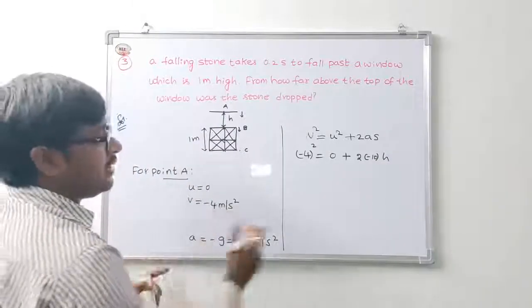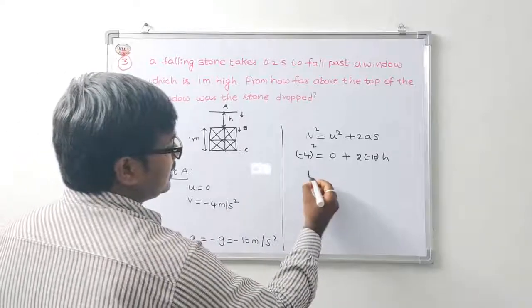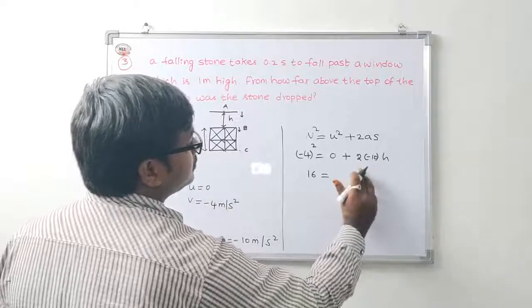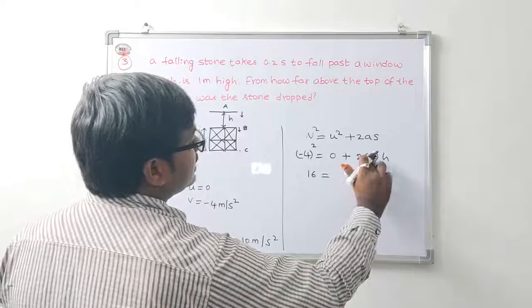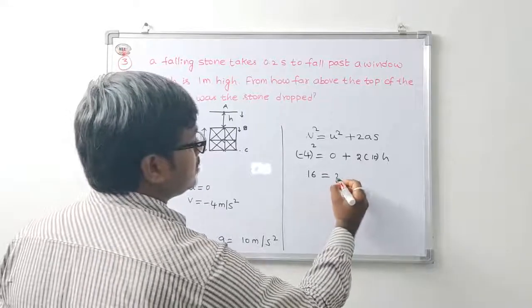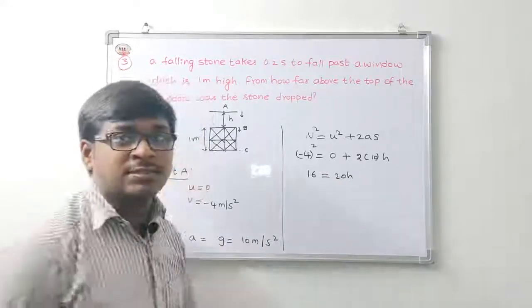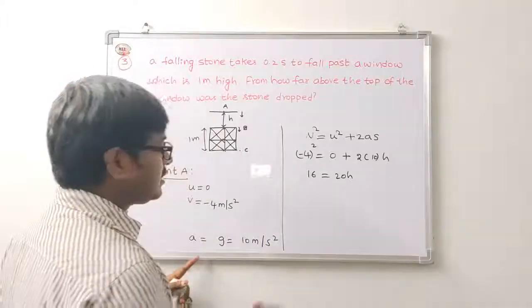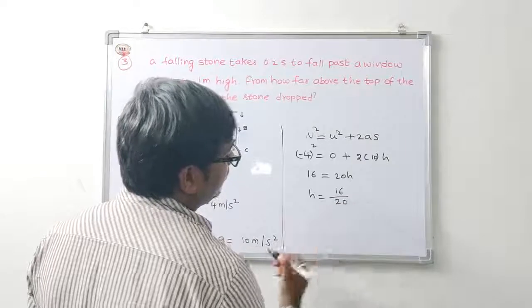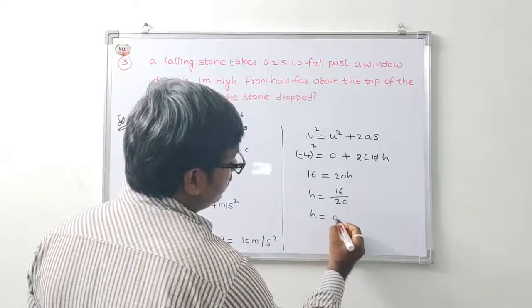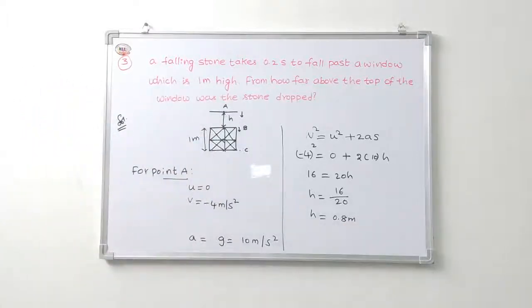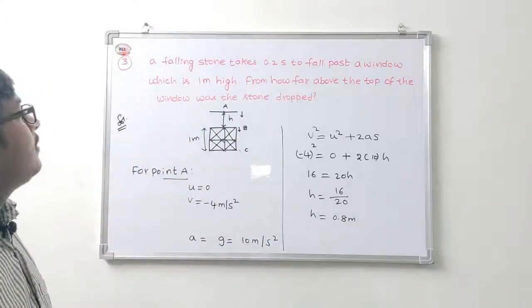So height is to be found, student. 16 is equal to 20H, then H is equal to 16 by 20. H is equal to 0.8 meter. This is the answer to the problem.